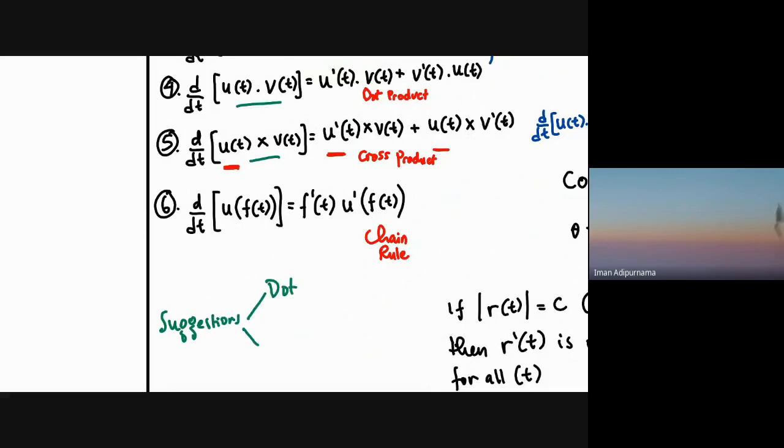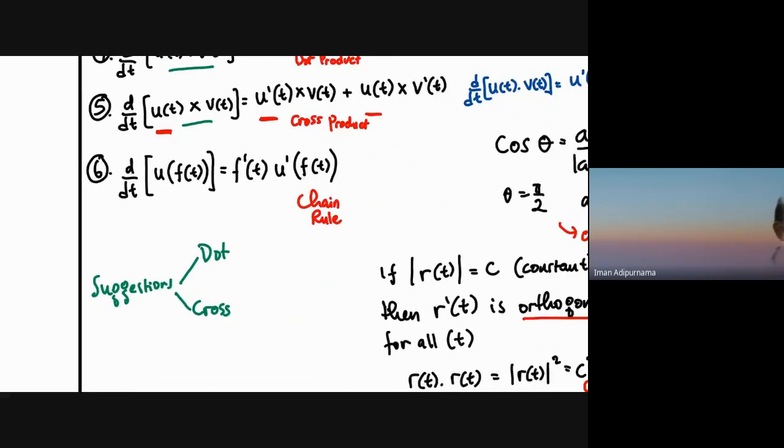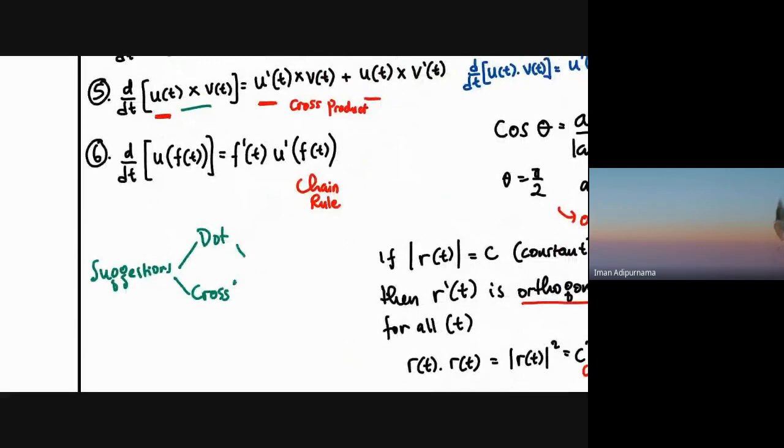For dot and cross, evaluate the dot or cross, then derive. It's just my suggestions to simplify the calculations.